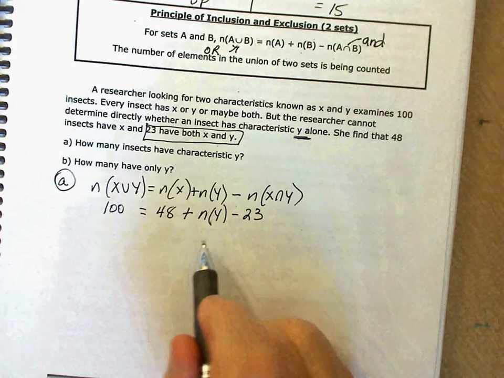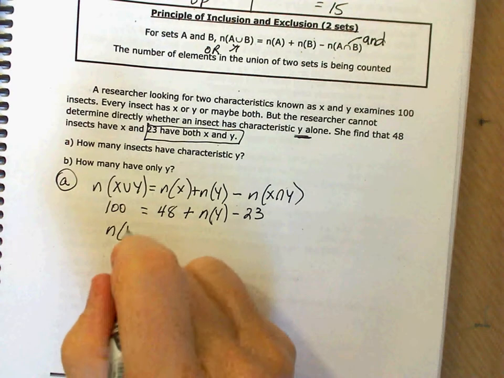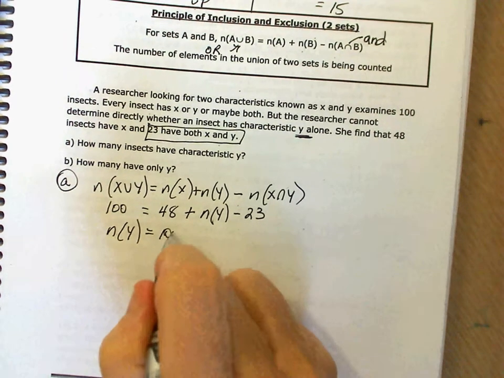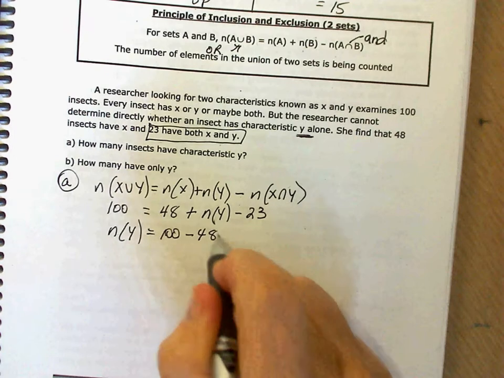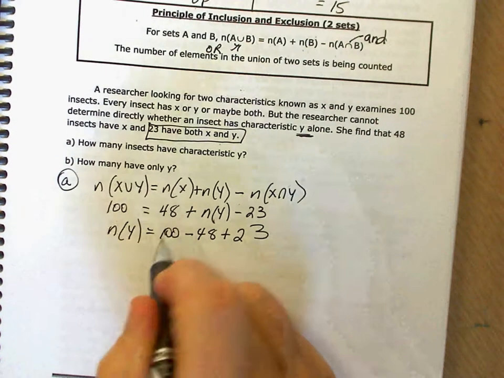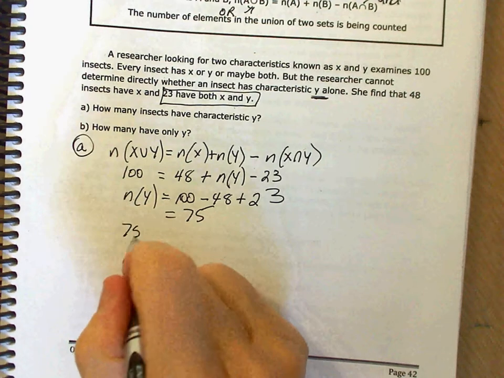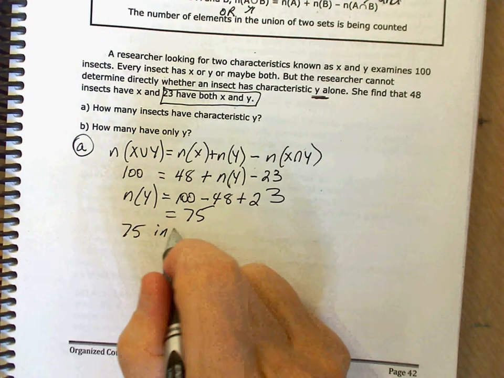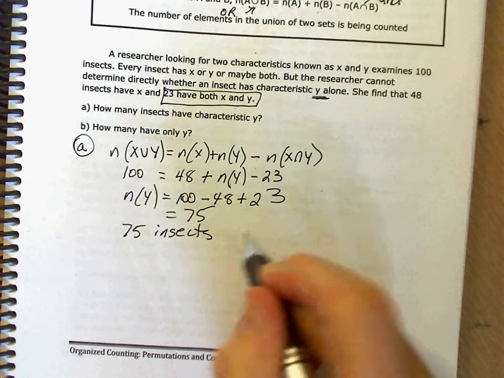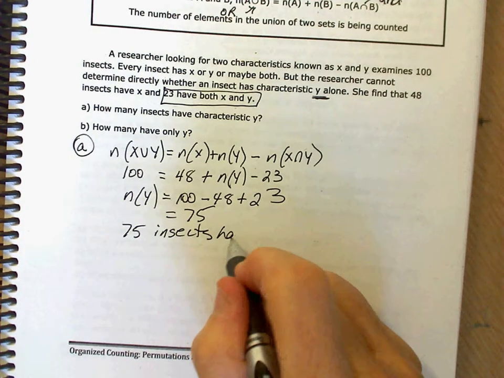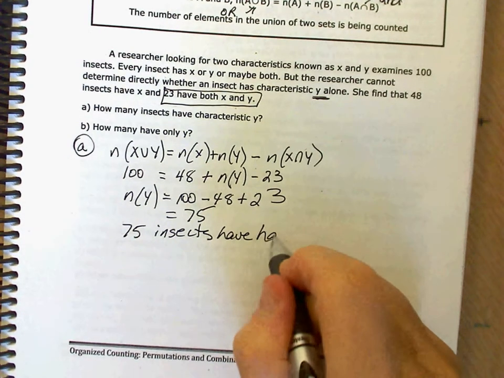So we can solve for the number in Y: 100 minus 48 plus 23, and that equals 75. So 75 insects have characteristic Y.